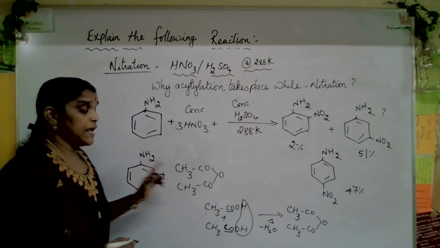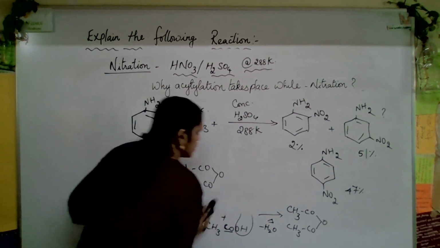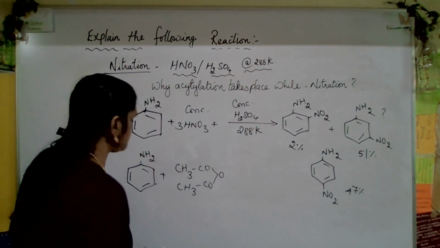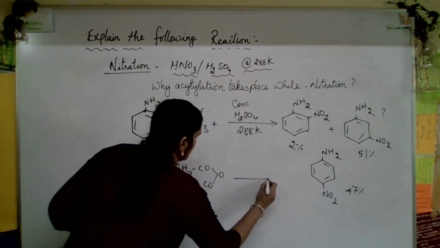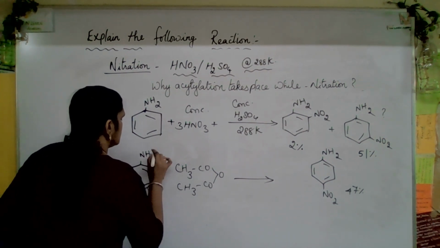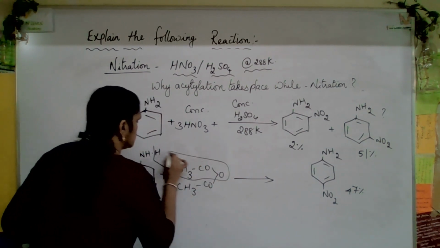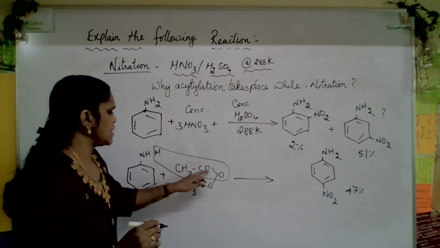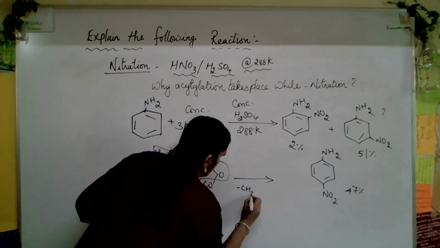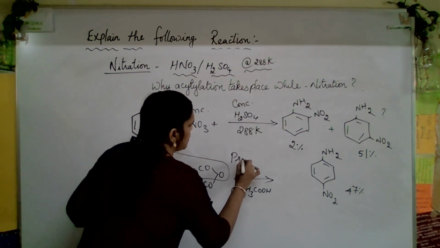So aniline reacts with acetic anhydride, as we have gone through in the last video. In this, one active hydrogen of NH2 combines and you will get CH3COOH, in the presence of pyridine.